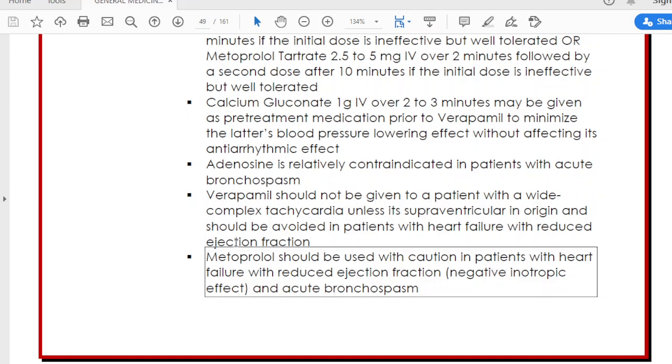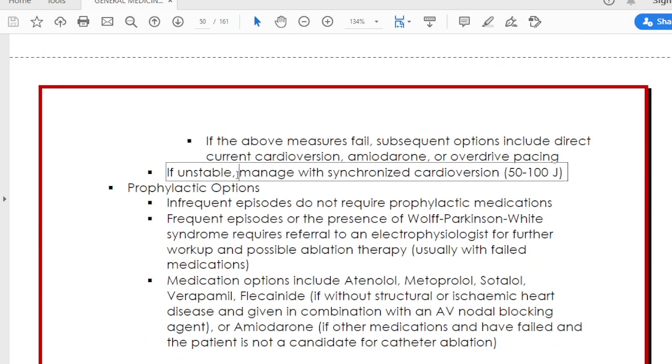Metoprolol should be used with caution in patients with heart failure with reduced ejection fraction, negative inotropic effect, and acute bronchospasm. If the above measures fail, subsequent options include direct current cardioversion, amiodarone, or overdrive pacing. If unstable, manage with synchronized cardioversion, 50 to 100 J.